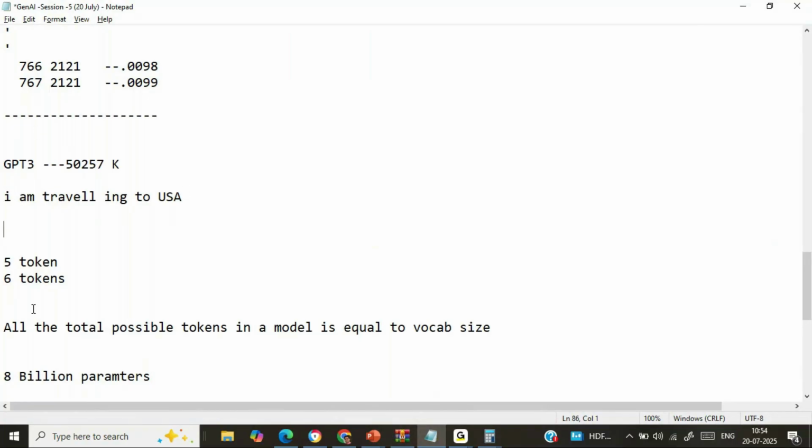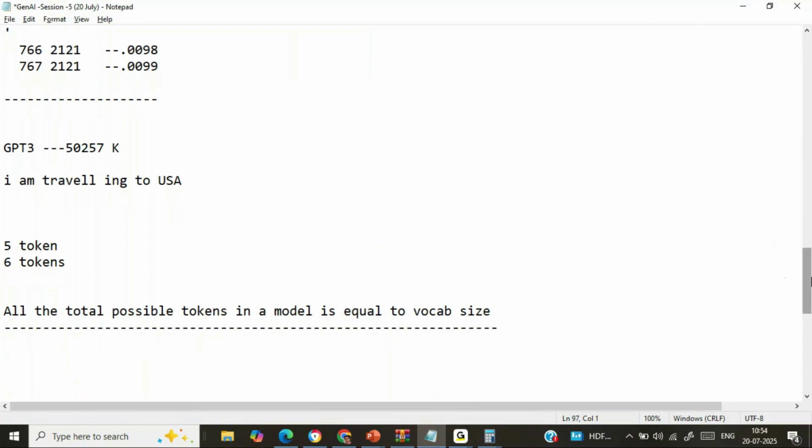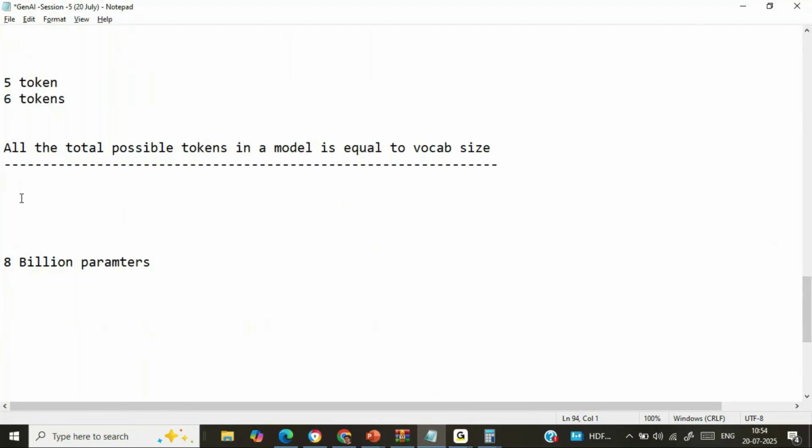Okay, so say we were having the vocab size of this much and the dimension is 12288, because each and every token will be represented in 12288 dimensions.